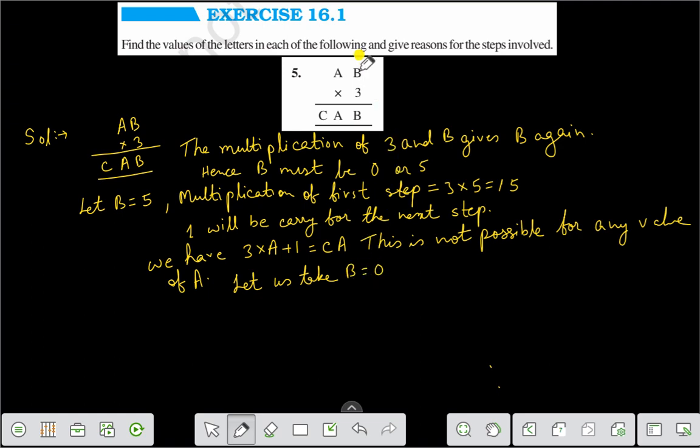Now if we take B as 0, then 3 into 0 is 0, and 3 into A is CA. 3A is equal to CA.